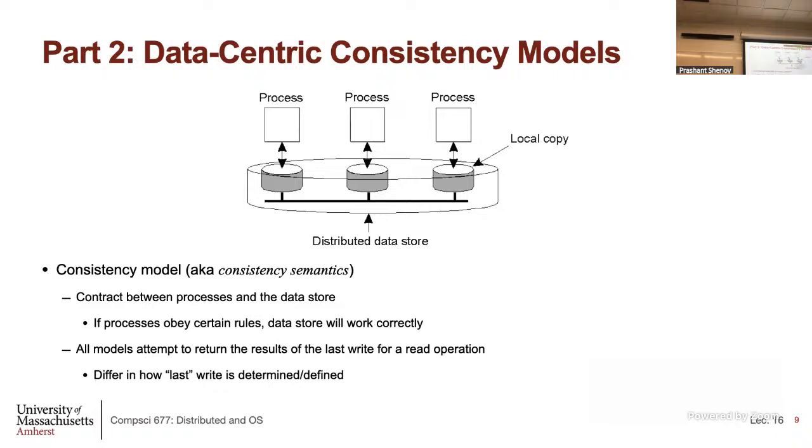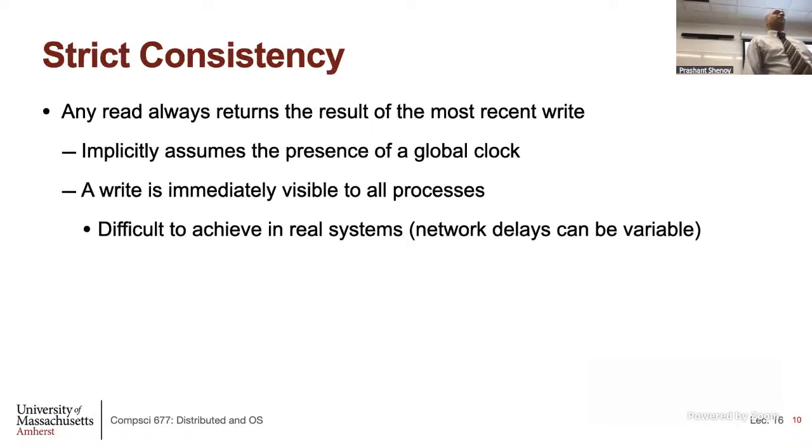That's the most recent copy of the data or the file in the system. So that's what you would like, but you will see that the definition of what is the most recent update itself is actually a tricky question, and that will give us a range of different semantics, some of which are stronger than others.